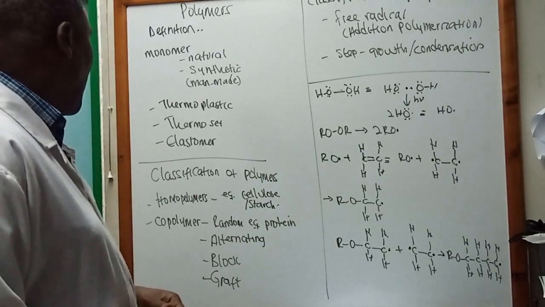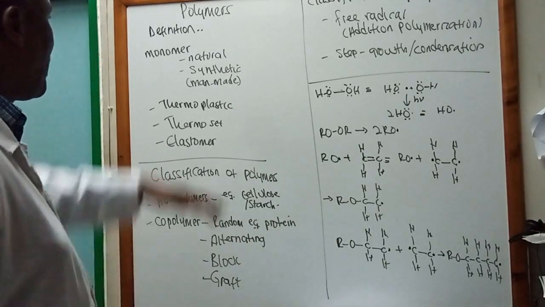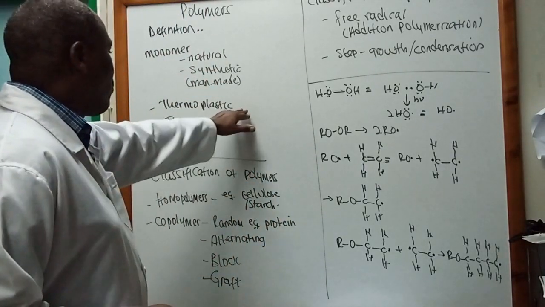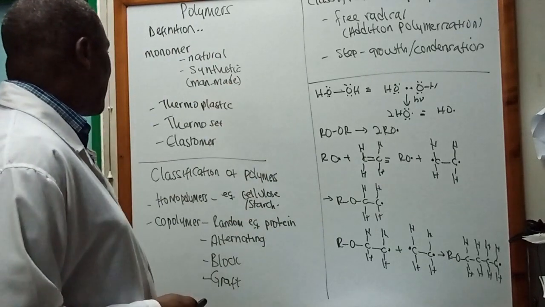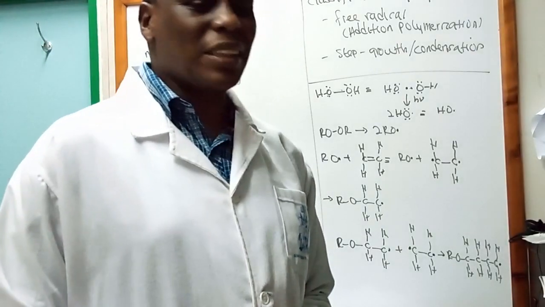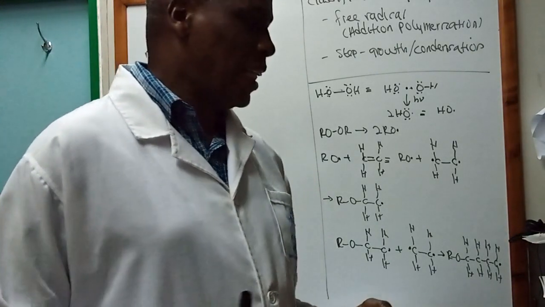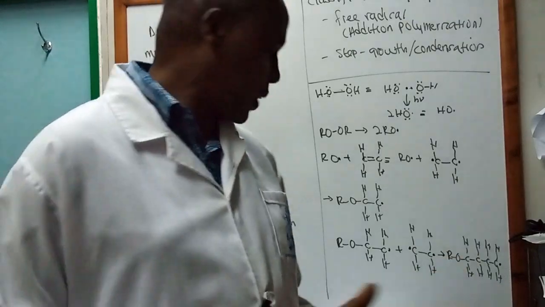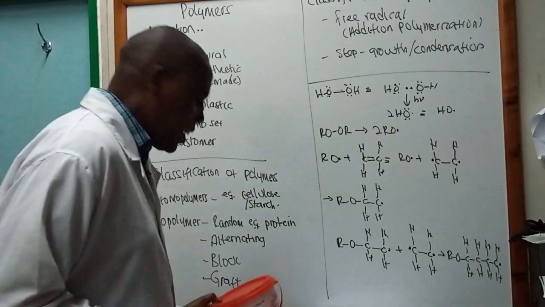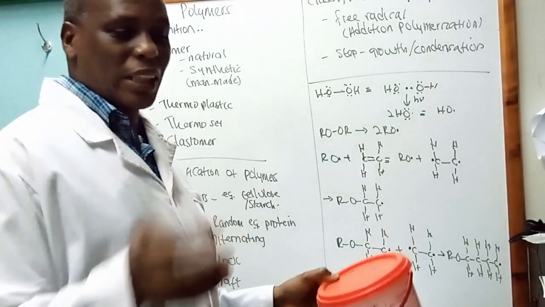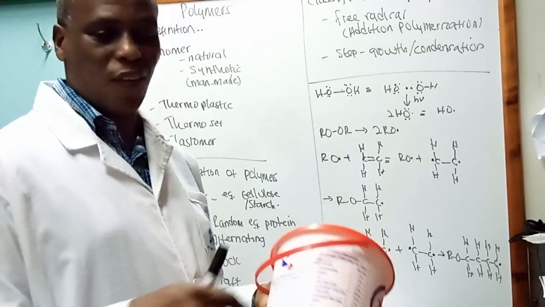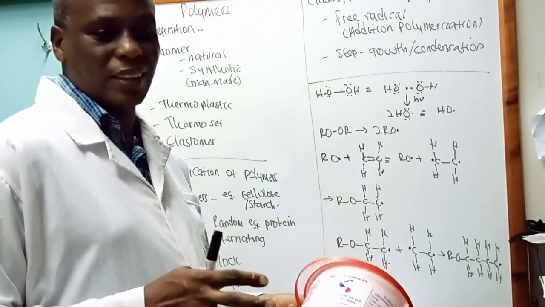We're just trying to give some definitions. You're going to be defining polymers by their type. These are the ones which you may know, like the basin that you use for washing and the rest, or even a container like this one for cooking fat, for example.